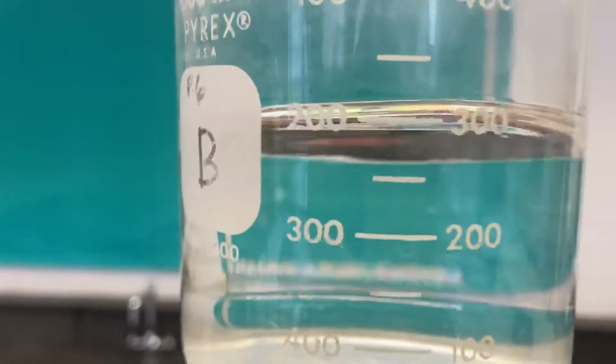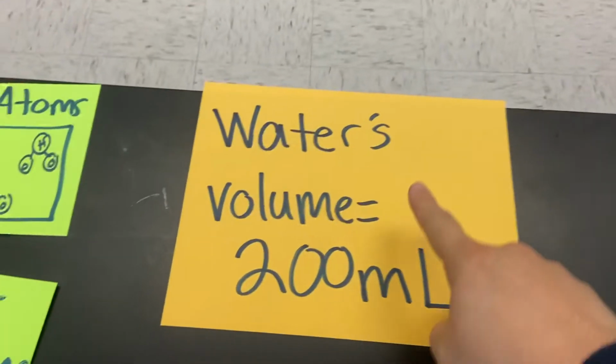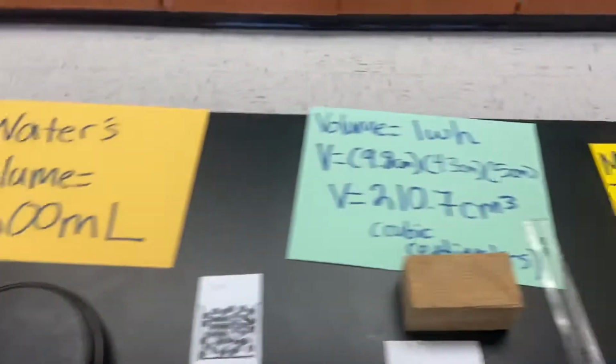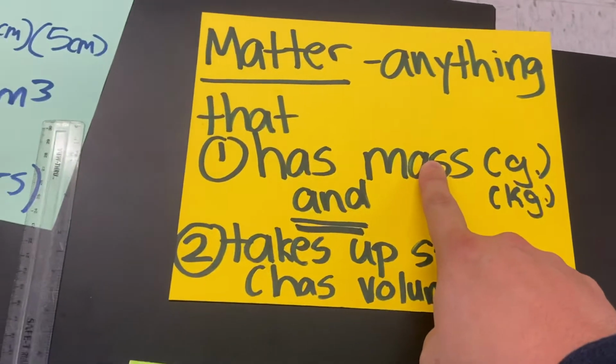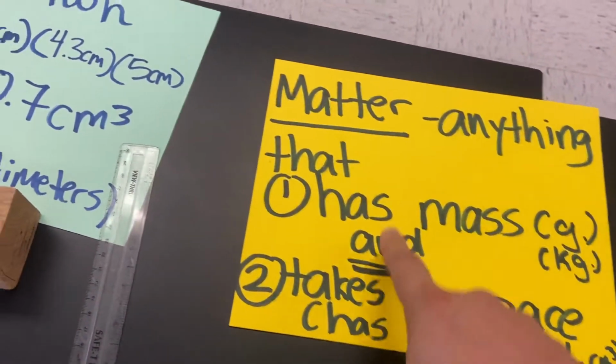This amount of water takes up 200 milliliters of space. So the water's volume is 200 milliliters. Water has mass. Water takes up space. So water is an example of matter.